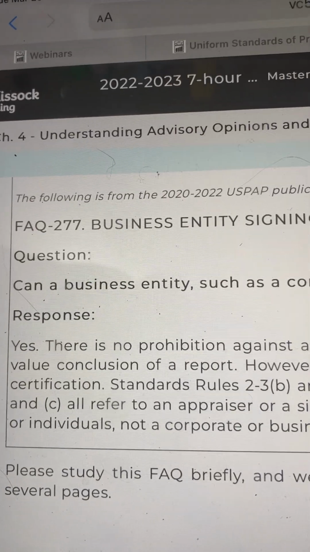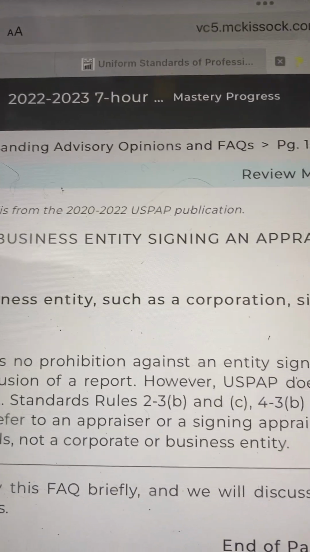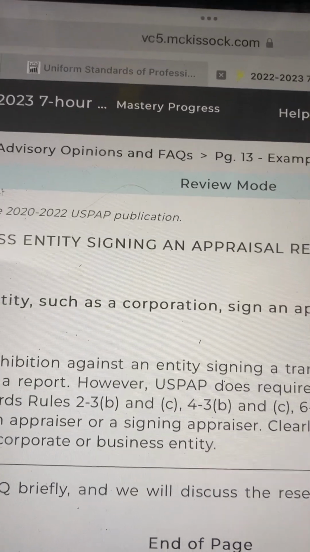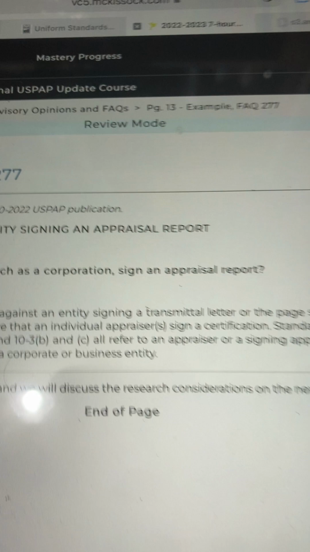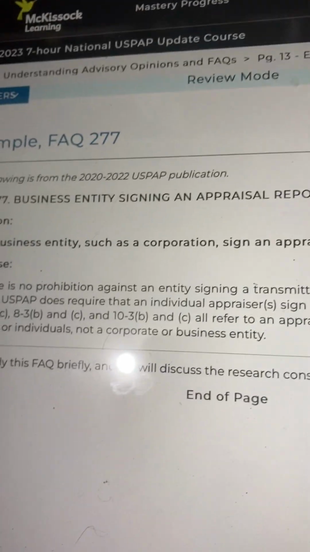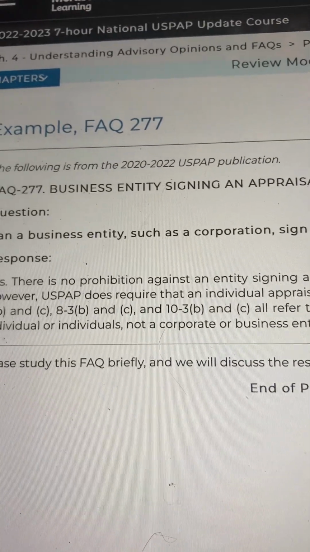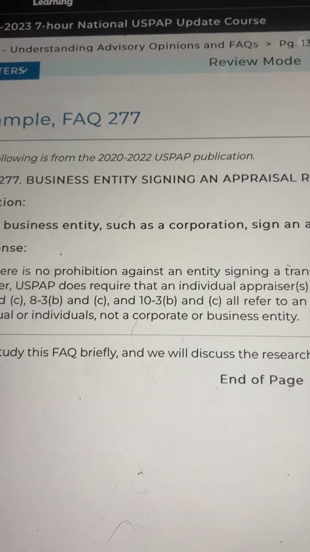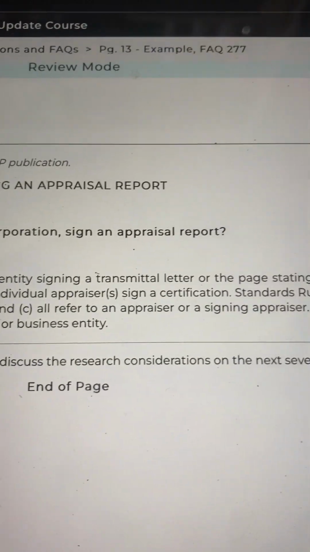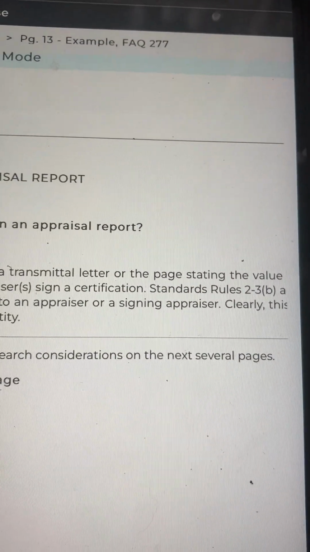sign certification. Standards Rule 2-3B and C, 4-3B and C, 8-3B and C, and 10-3B and C all refer to an appraiser or a signing appraiser.